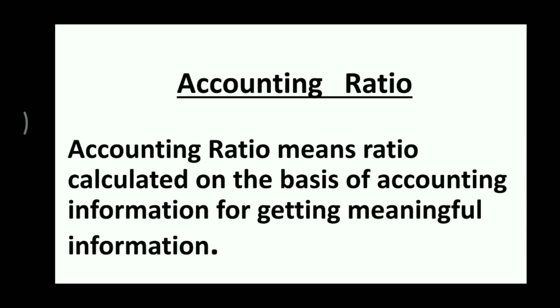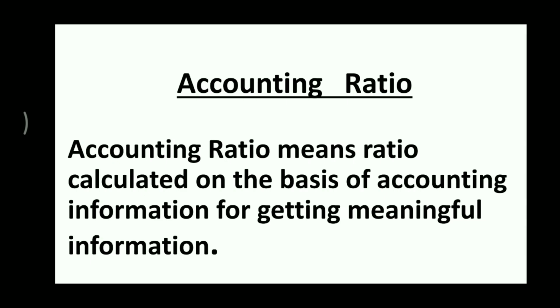Now, as far as the meaning of accounting ratio is concerned, accounting ratio means a ratio calculated on the basis of accounting information. Here accounting information means the profit and loss account, that is the income statement, and the balance sheet, that is the position statement.